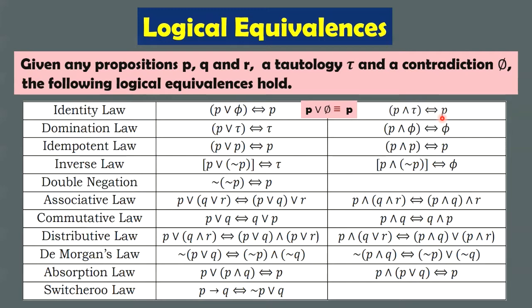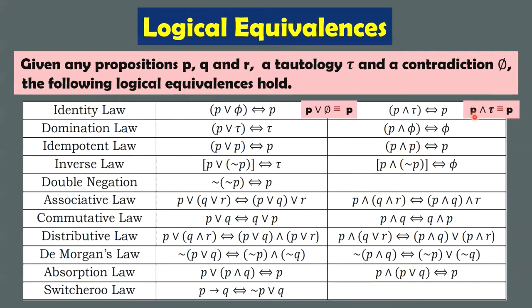Para mas madali nyo siyang ma-absorb yung identity law and even other laws here, i-treat nyo siya as sets. So mas madali nyo siyang makikita bakit ito yung ka-equivalent niya. So again, this chubby double-headed arrow can be written as these 3 lines, para mas mukha siyang equal.